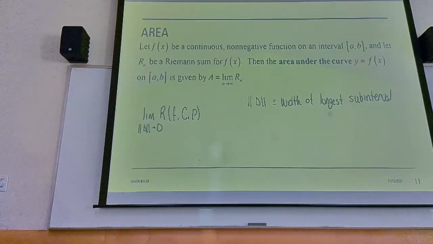Just a bigger pain to calculate. Double absolute values of delta. Right. And it's just representing the width of the largest subinterval. I think it's just called the norm of the partition.